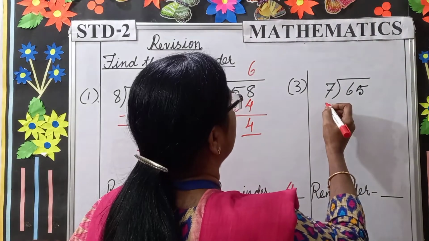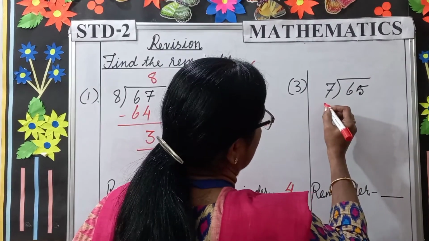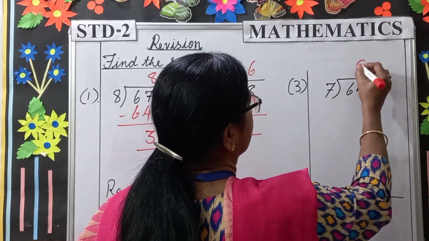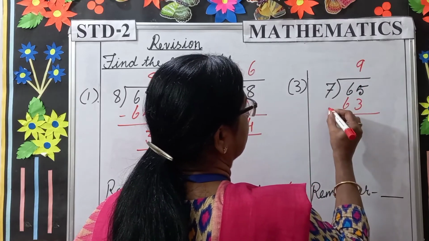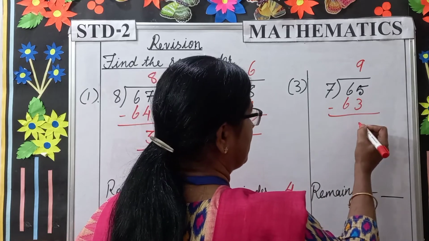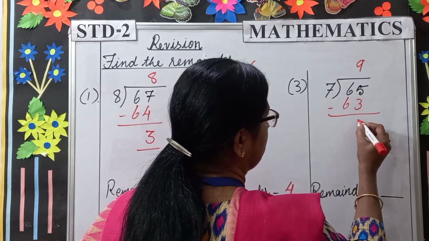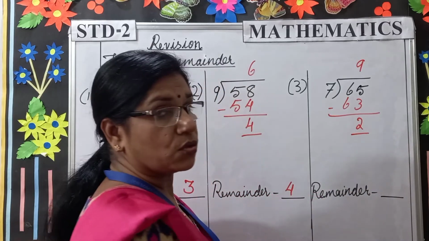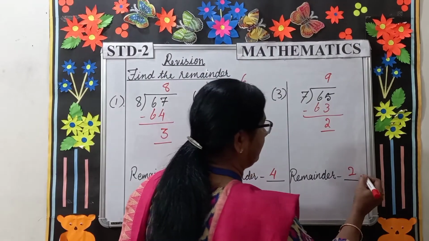So you say the table. 7 6 are 42, 7 9s are 63. So now you have to subtract 53 from 65. How much, children? 2. So what is the remainder here? Number 2 is the remainder.